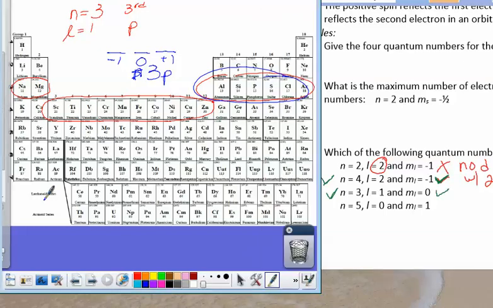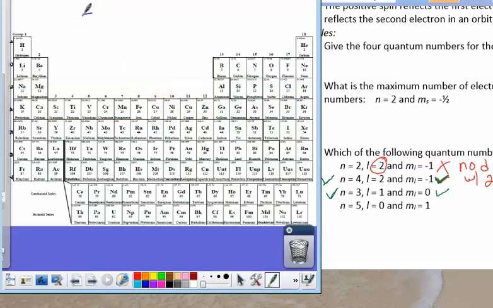Okay. So we have the 5th energy level. So I could have here, and here. Let's use another color to make that a little clearer.